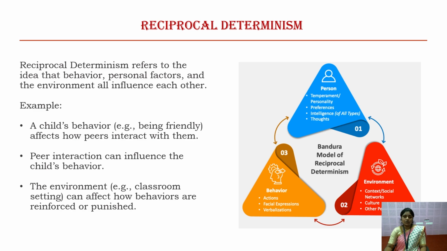If a child is not being friendly, their peer group won't be talking to them in a friendly manner. Vice versa, the peer interaction can also influence the child's behavior. The environment can affect how behaviors are reinforced and punished.